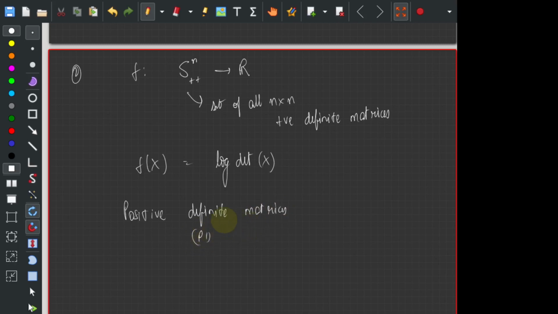The first property is that all their eigenvalues are positive. Of course that's important. That also implies that the determinant is always positive, otherwise this quantity would not make sense.